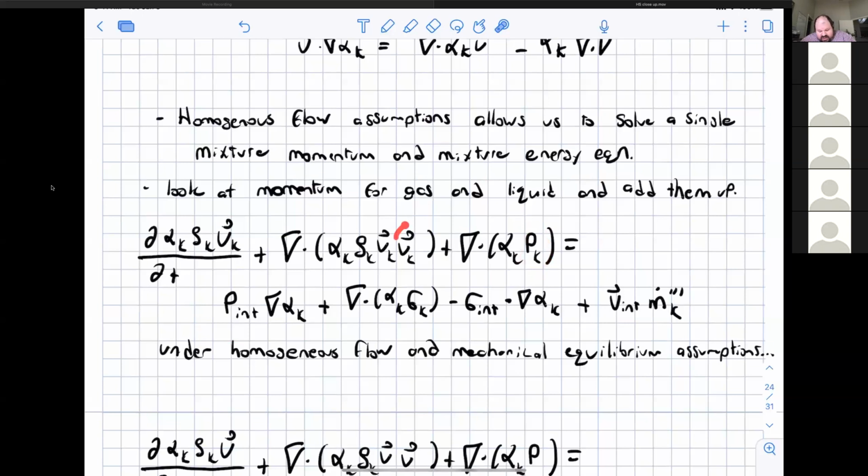And I can assume that the velocity for all the phases is also the same. So I can replace V_k, which is, say for a droplet flow, just the velocity of the droplets, with the velocity of the mixture, or just V. Doing that for both equations for the gas and the liquid, and summing them up, you can derive what's called a mixture momentum equation.